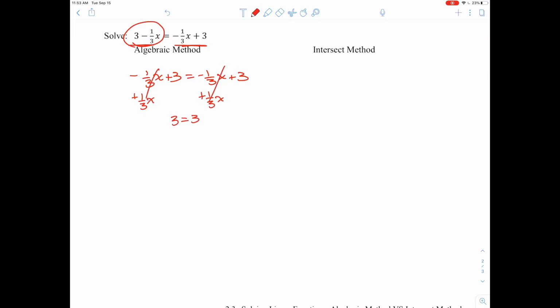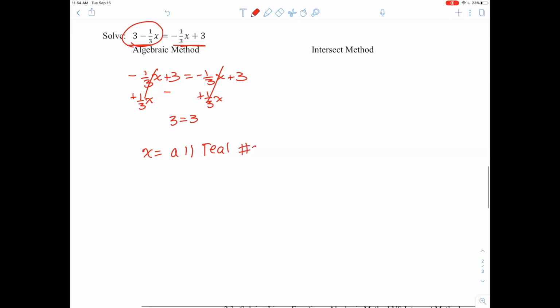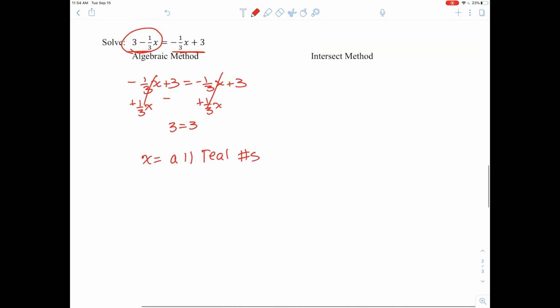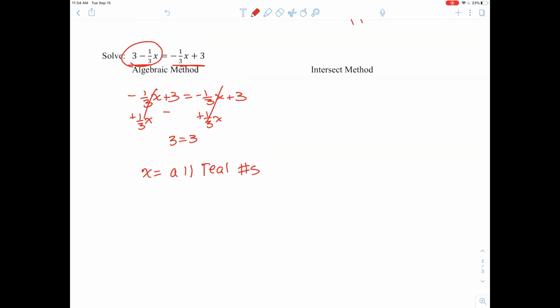I'm left with 3 equals 3. I also could subtract 3 from both sides, and then I'd be left with 0 equals 0. Either way, still true. So this means x equals all real numbers.